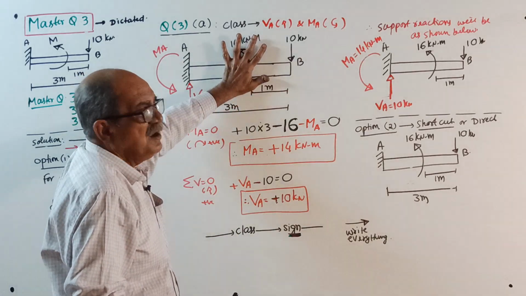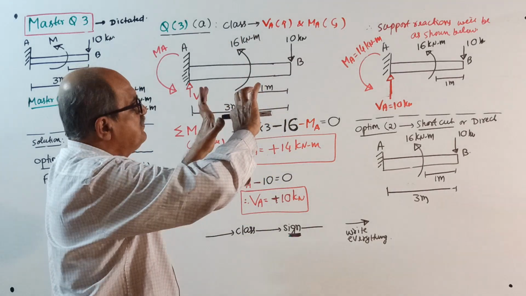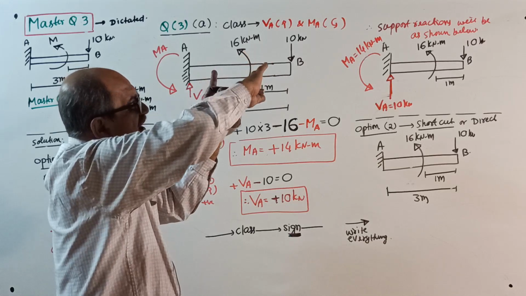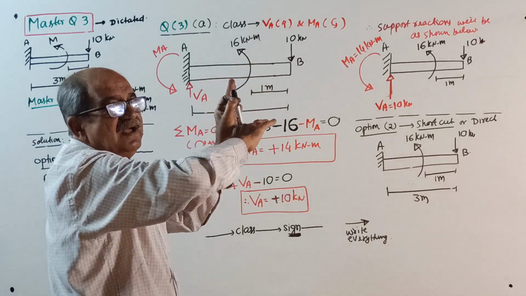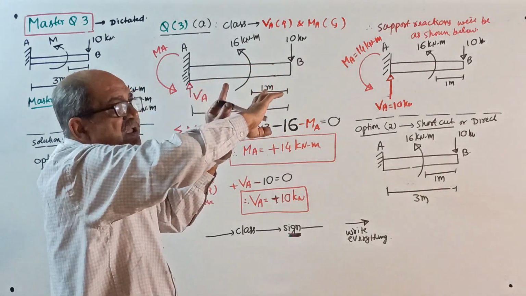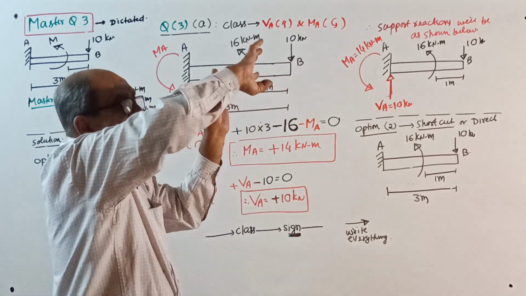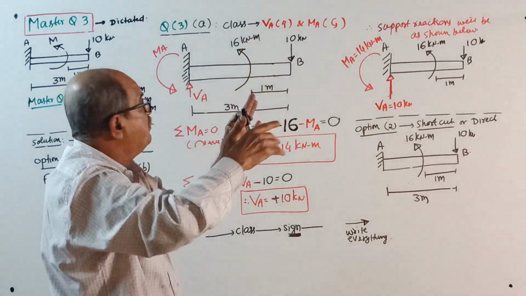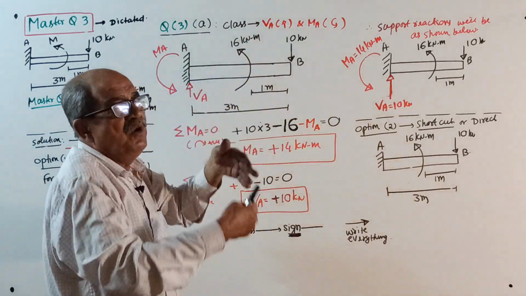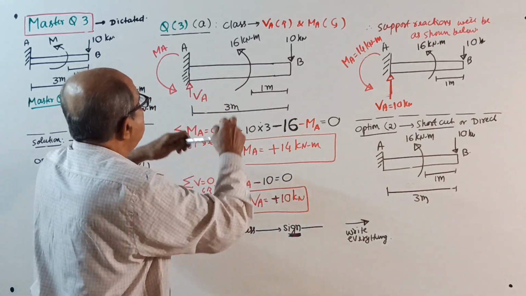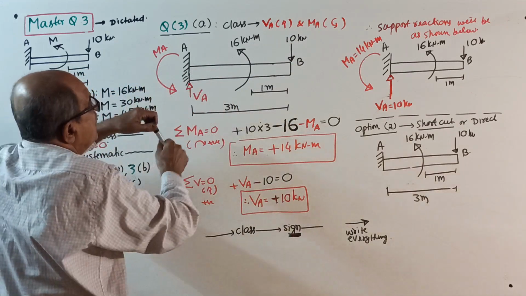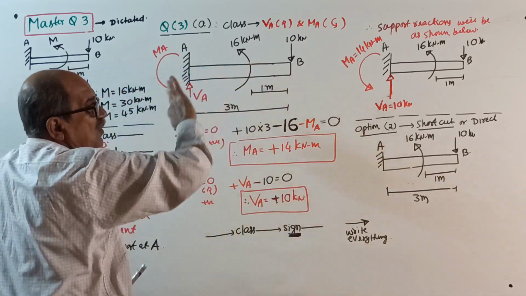If the couple is not there, when a left side fixed cantilever, when you apply load, usually it will rotate like this. That load will try to rotate the beam with respect to fixed support in clockwise direction. Therefore, reacting moment will be anti-clockwise. Now, this couple will have opposite effect. Here, the load 10 kN will rotate it clockwise, but 16 is anti-clockwise.